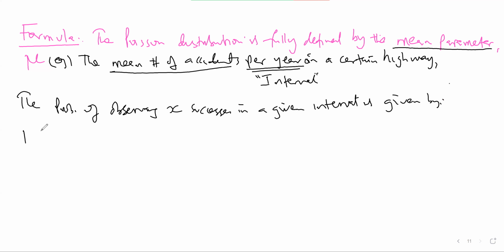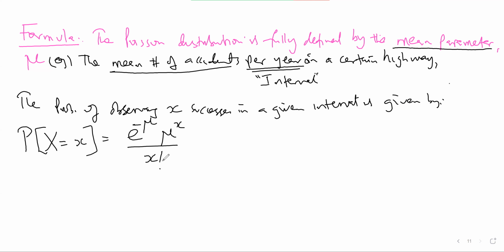So we have P for probability that X is equal to small letter x is equal to e raised to power minus mu, multiplied by mu power x, divided by something we call factorial, x factorial. This thing looks like an exclamation mark. It's known as factorial.